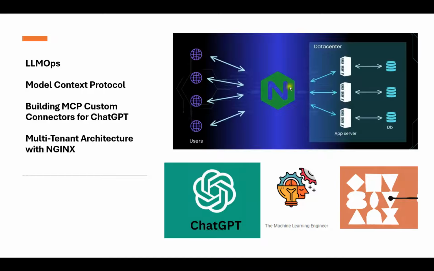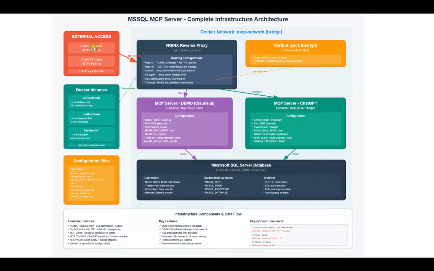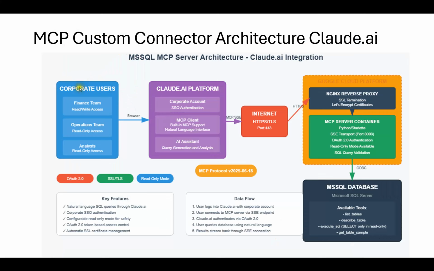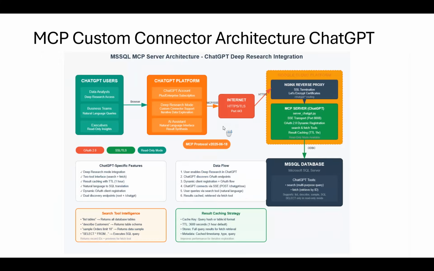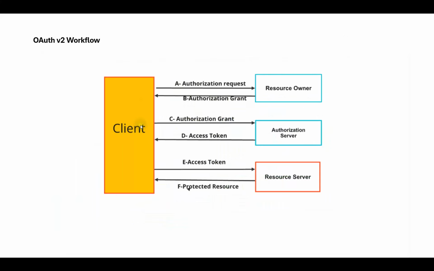You connect with your browser to the Cloud AI platform, and the Cloud AI platform will connect via HTTPS, first creating an SSL session to our NGINX reverse proxy, and then once the SSL session is done, we start following the protocol to create a session during the registration or the creation of the custom connector. This is common for both OpenAI and ChatGPT.